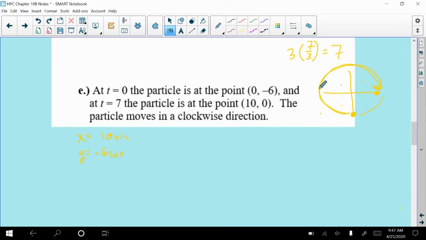So 1/3 of it, 2/3 of it, 3/3 of it. So that means it takes me 7/3 for each region. So to get to the 4th region, I would need 4 of those 7/3. In other words, 4 times 7/3 means it's going to take me 28/3 of a second to go around once.